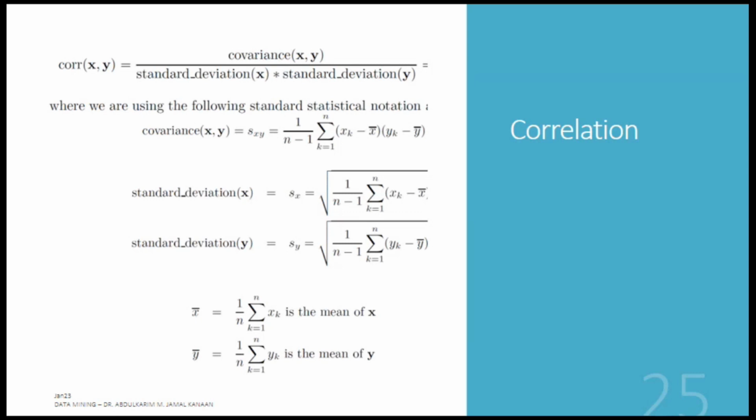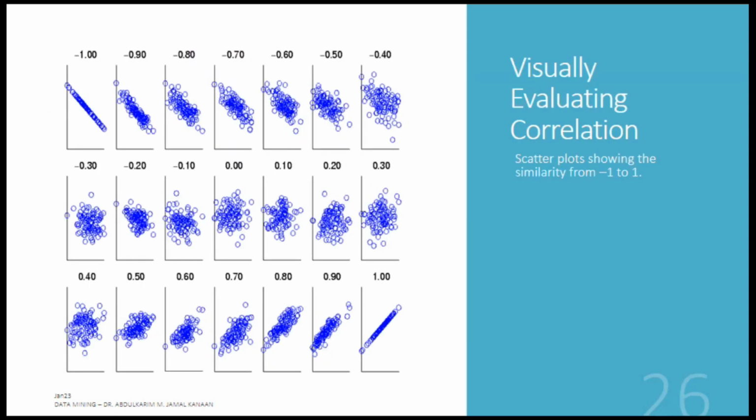Okay, so what is correlation about? Correlation is about finding the relationship between two objects. We'd like to find out how similar they are, or what the relationship is between them, whether they are correlated or not. Like the example I gave you earlier during the practical session, between number of years of experience and salary.